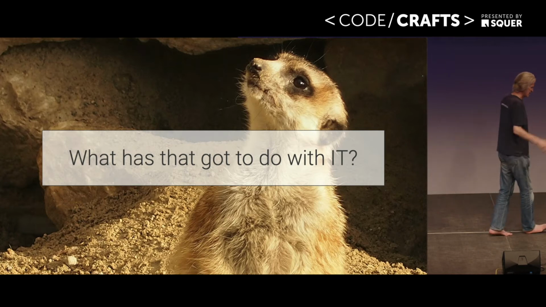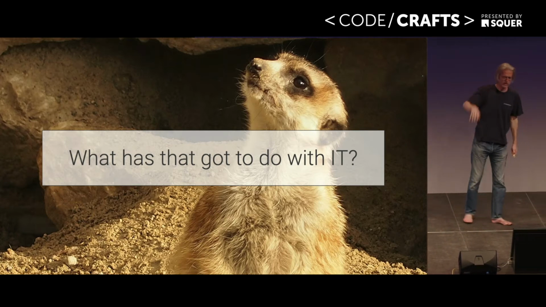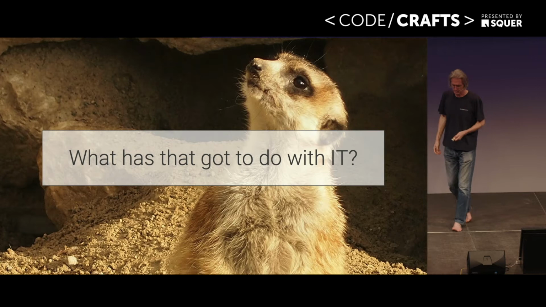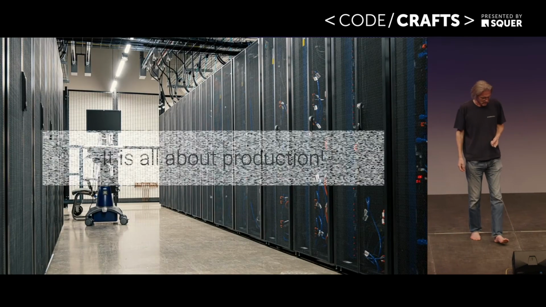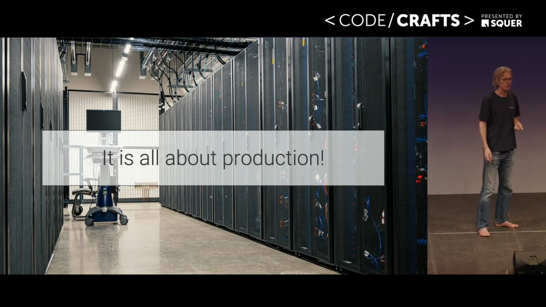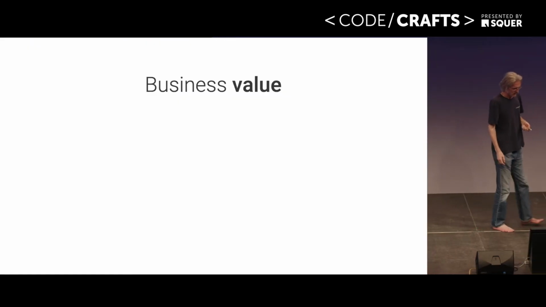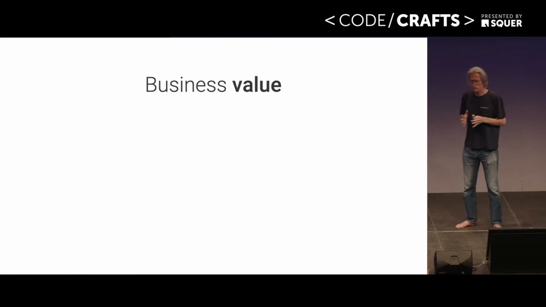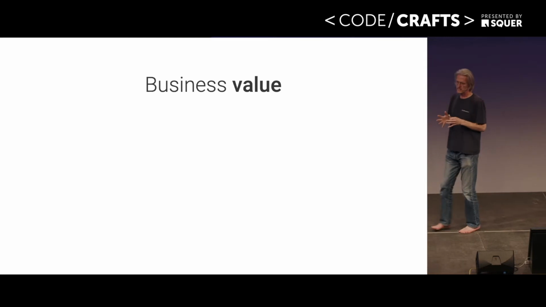There are several ways to approach this question. Here's one. If we talk about IT, in the end, we always talk about systems in production. What do I mean with that? We don't do IT just for its own sake.